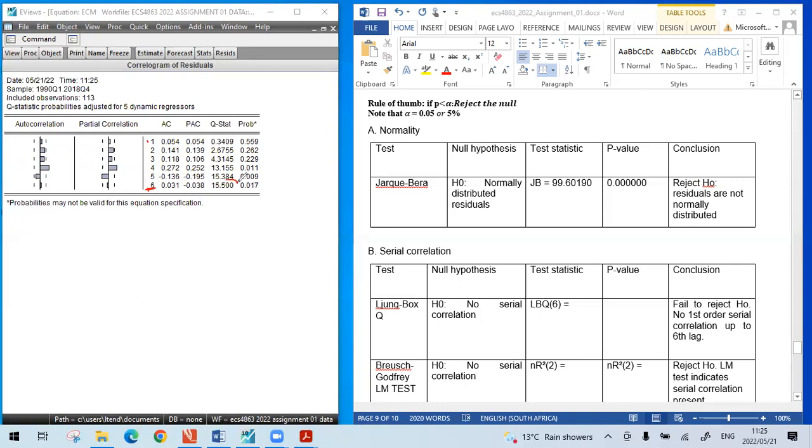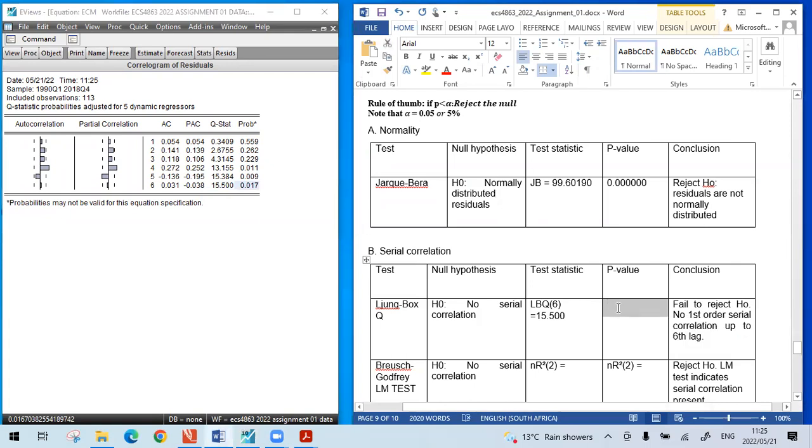So what is my Q statistic on the 6th lag? What is my probability? That's what I'm looking for there. This one I can do copy and paste. I'm copying my Q, I paste it here. Then the p-value, I copy, I paste it here.